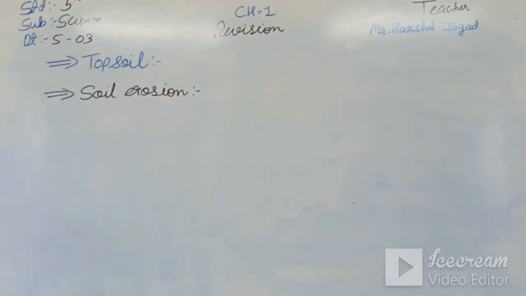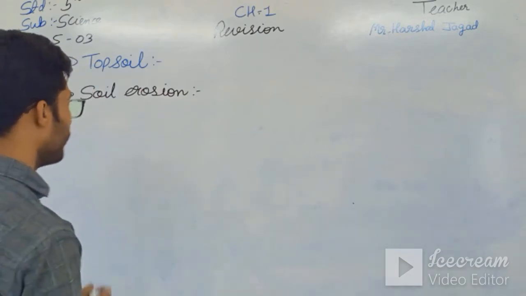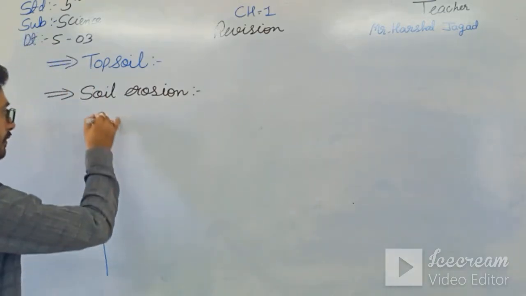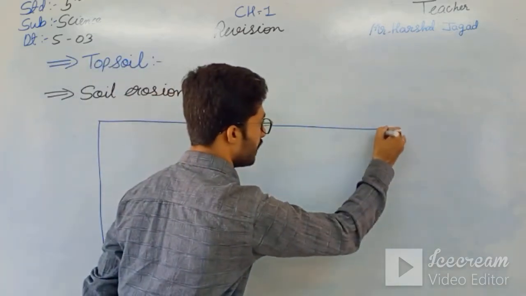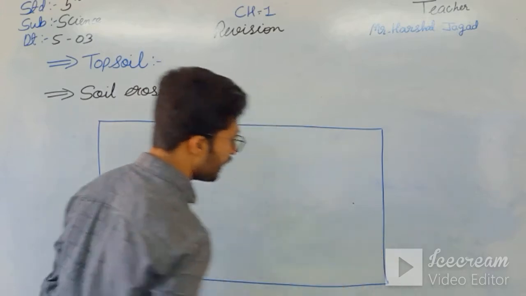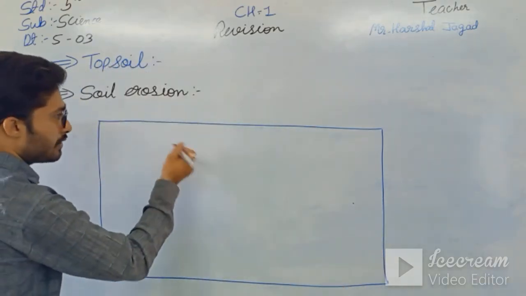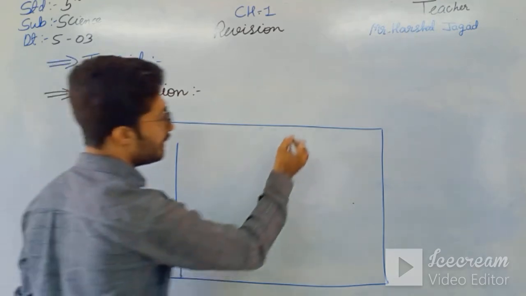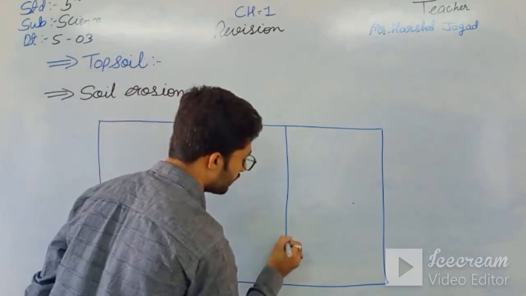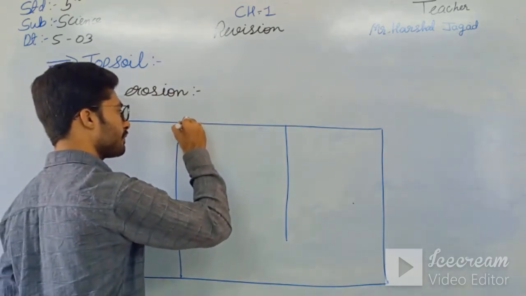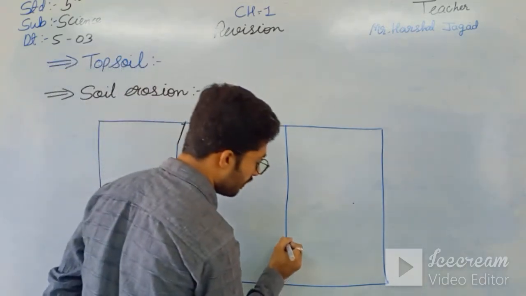Here, what happens in Australia? The big paddocks are there, big farms of sheep. What do they do? They divide the area into some parts. Here there will be a gate, and here there will be a gate.